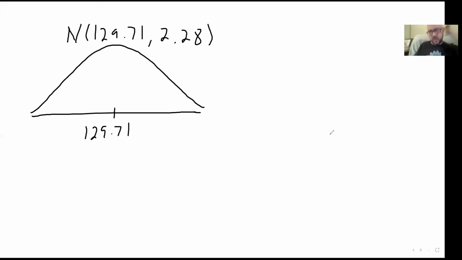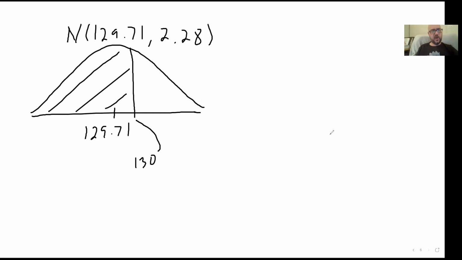So what is the percentage that are completed in less than 130 seconds? So that's right here, right? So 130. And we're looking for less than, so that's this area here. Notice that lower is better here, right? Lower is faster. Less time equals faster speeds.